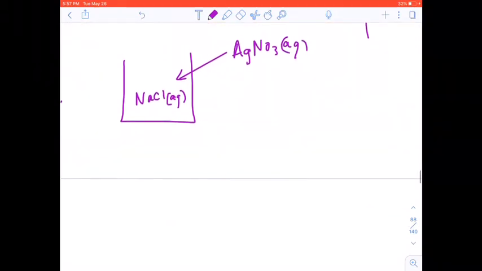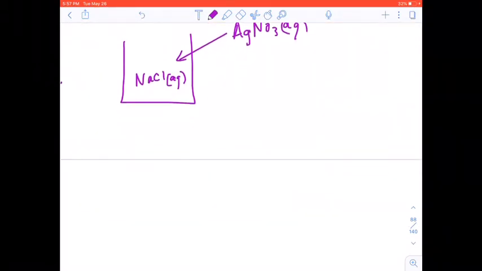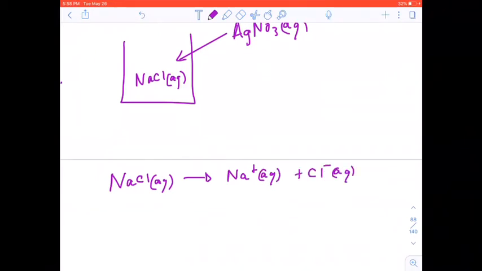So we say, okay, I've got sodium chloride in here, which means in solution we have Na+ ions aqueous plus Cl- ions aqueous.